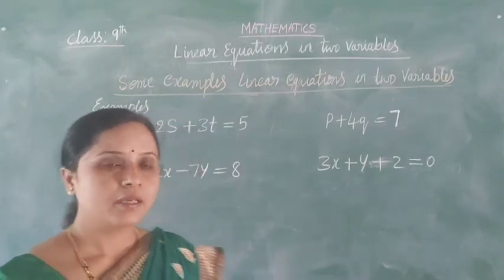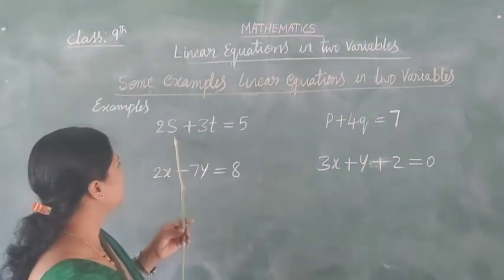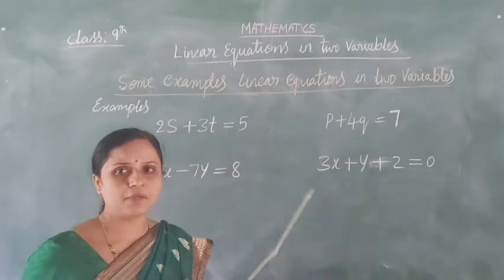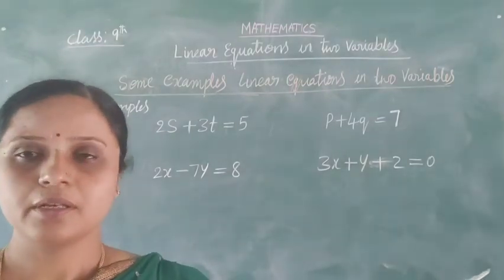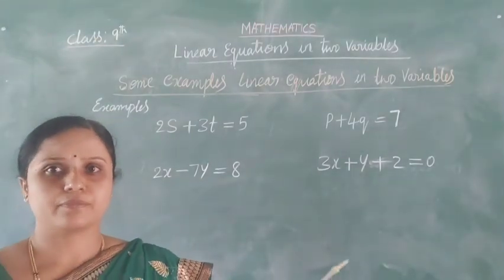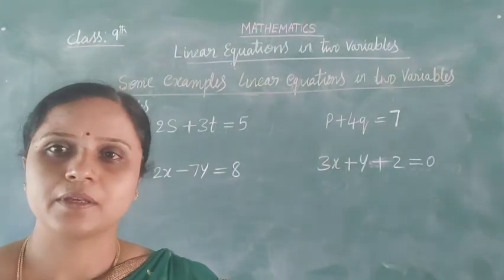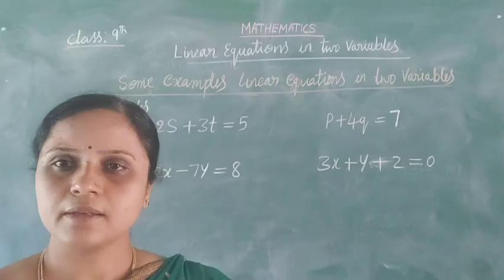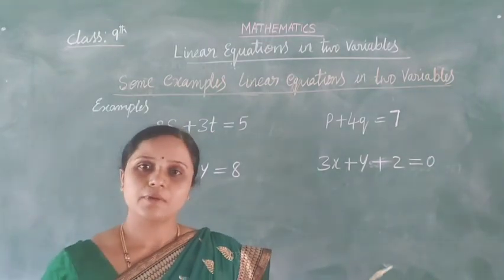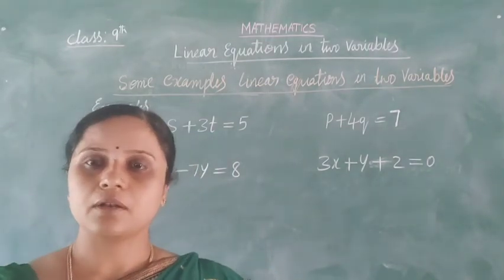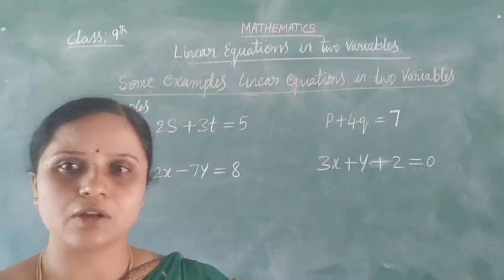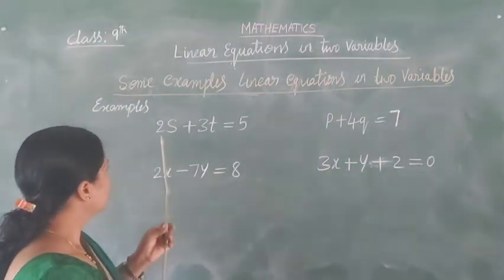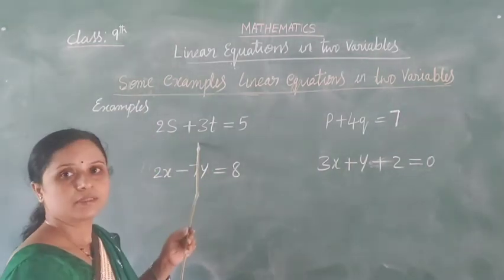Students, here we take the variables s and t. You can take any variables in algebra, any alphabets from your English alphabets. Either you take x or y, or you take m or n, anyone. So s and t are the variables.